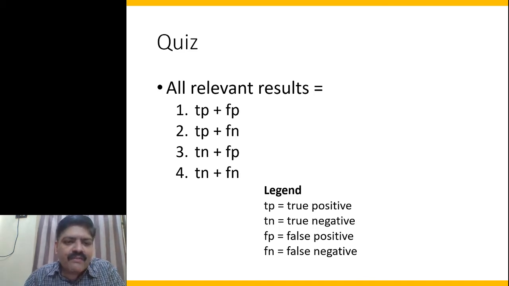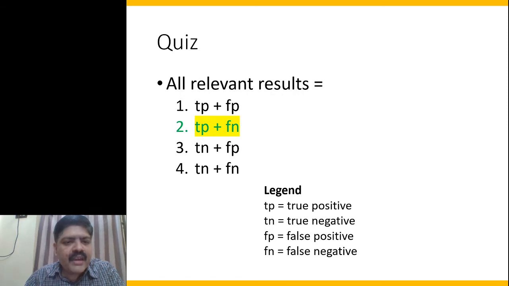Okay, so if we are asking about relevant results, we are asking for true results, right? So anything that is true on the positive side would be true positive, and anything that is false negative would also be a relevant result. Why is false negative a relevant result? So what is a false negative?